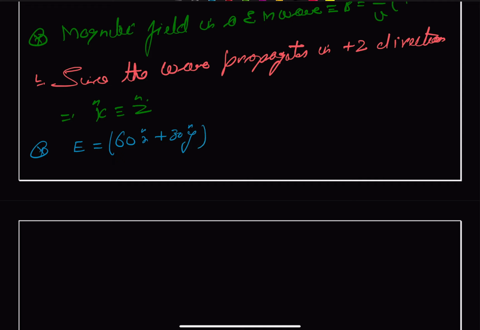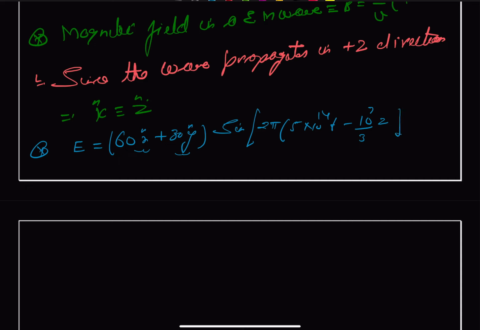So the electric field is also having two components, x as well as y component. And the sine part is common to both x as well as y. So this comes as sine of 2 pi (5 into 10 to the power 14 times t minus 10 to the power 7 divided by 3 times z).